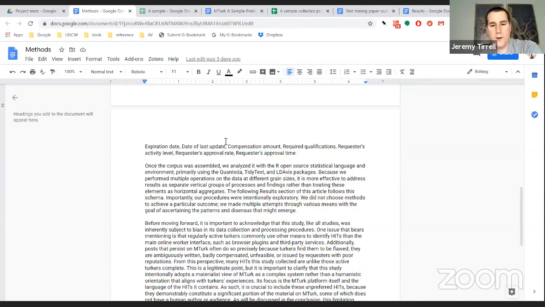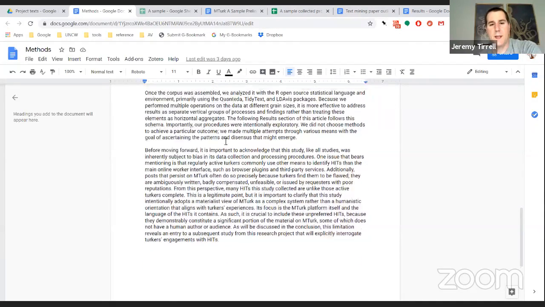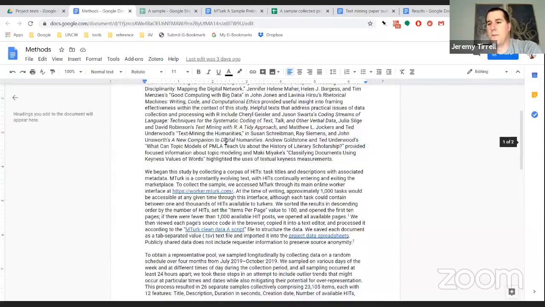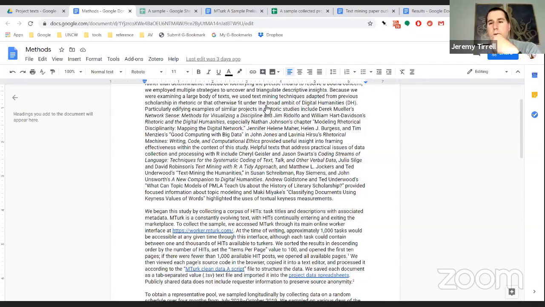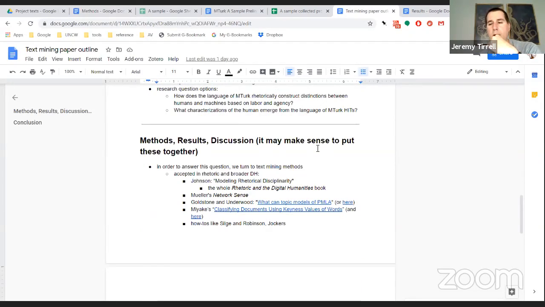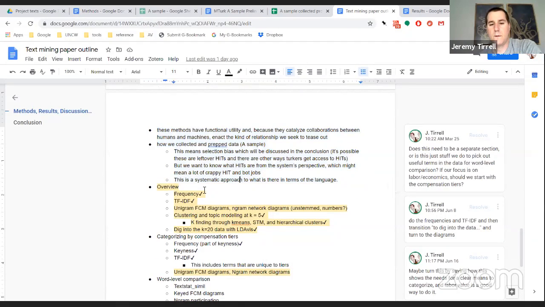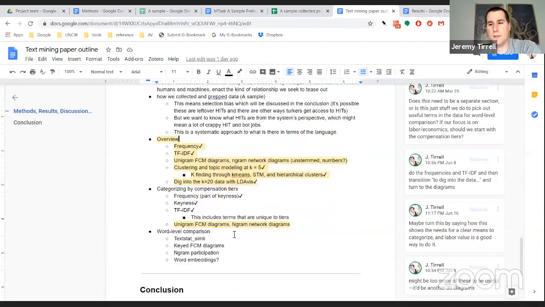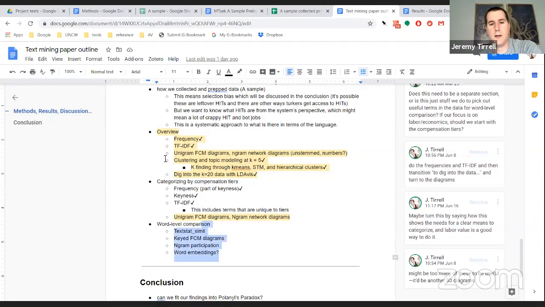Anywho, so here's the methods, and basically what this covers. There's an issue here of when we say methods, how much we're going to get into, because our processes include a lot of separate methods. Here's a good example. This is really our results section here.